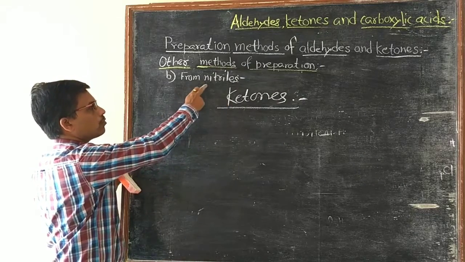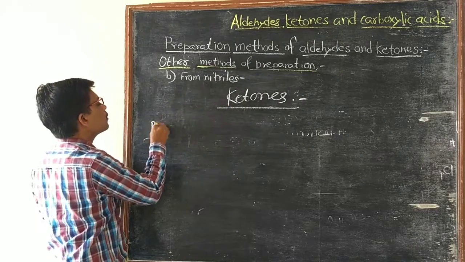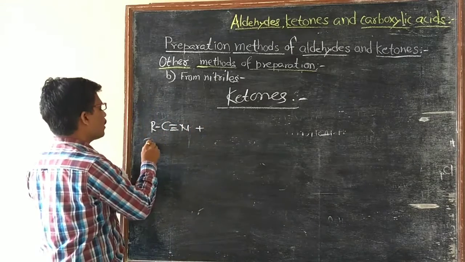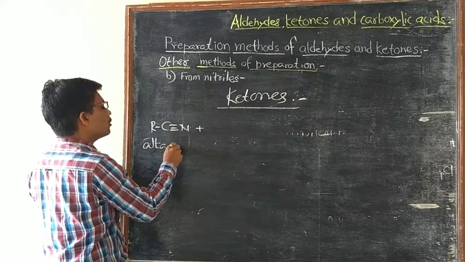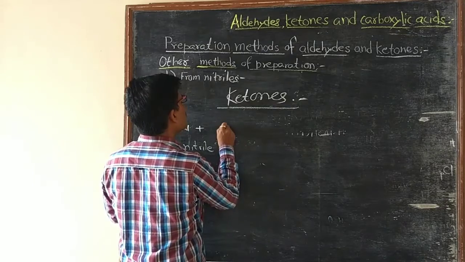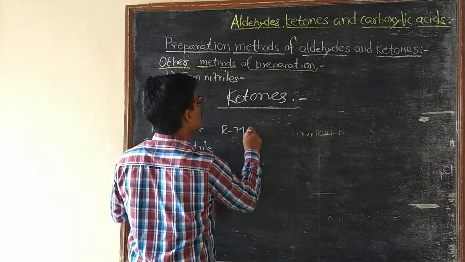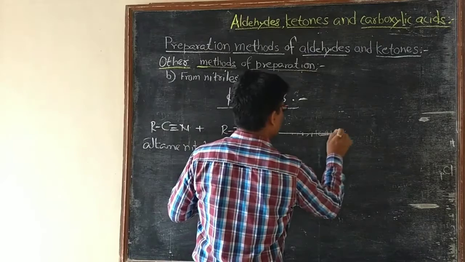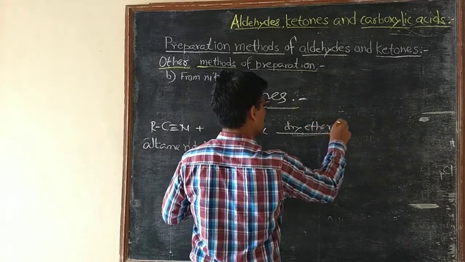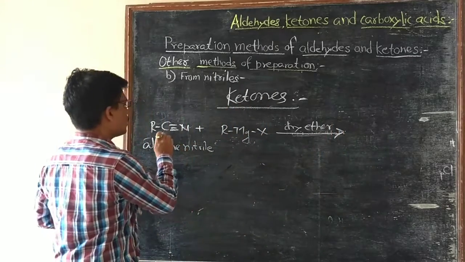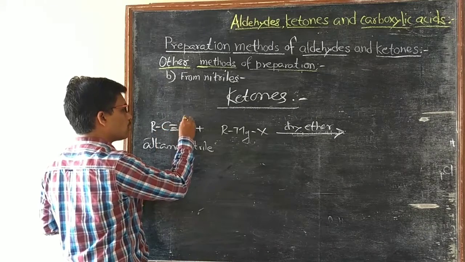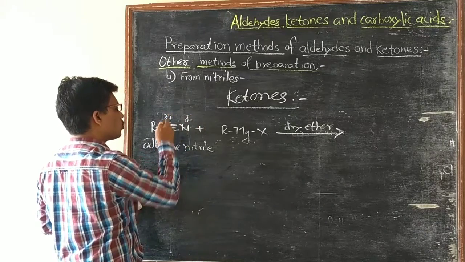Then we will see preparation of ketones from nitriles. When alkane nitrile is treated with Grignard's reagent in pure and dry ether, in the CN group, nitrogen is more electronegative than carbon, therefore nitrogen is partial negative and carbon is partial positive.